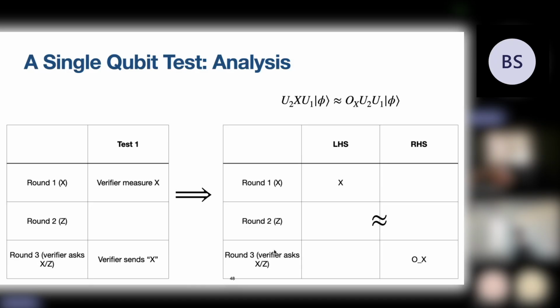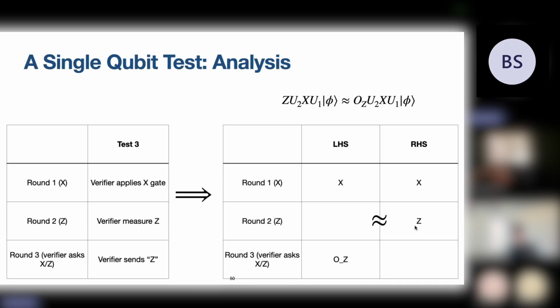So I use this diagram to represent this: putting X in the first row is the same as putting OX in the last row. And similarly, we have the Z consistency: putting OZ in the last row is the same as putting Z in the second row.